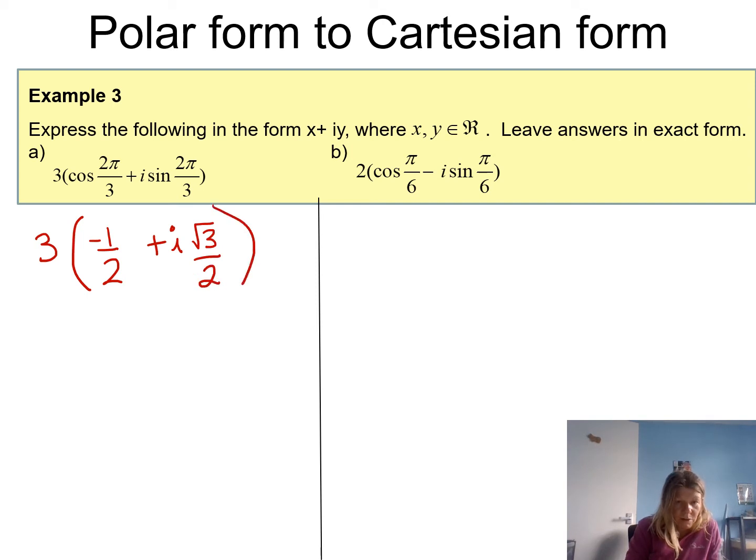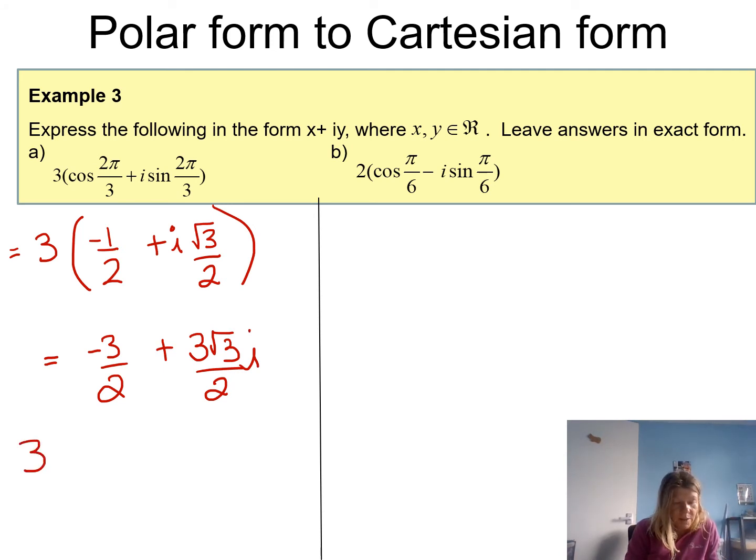And when we multiply that through, that gives us minus 3 over 2 plus 3 root 3 over 2 i. But as I say, you can put this in as 3, and then you have to put on your calculator the polar symbol. It's got a funny little button.